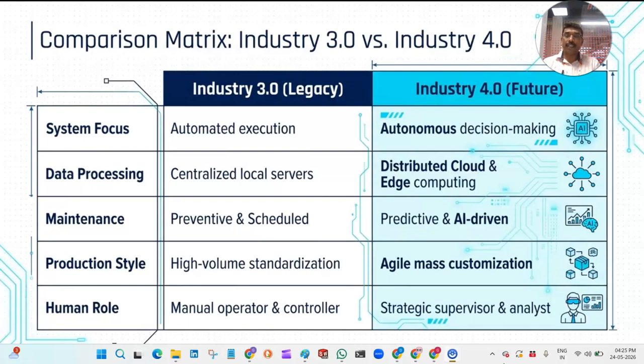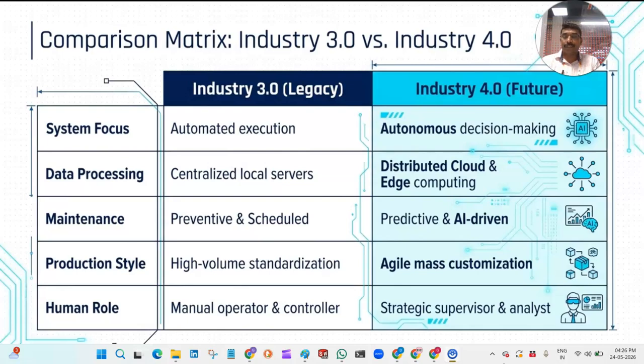And the human role in the previous industrial revolution systems was manual, that is, the human is the operator and the controller. He controls everything and gives direction to the manufacturing activities. Whereas for Industry 4.0, the human operator or worker plays the role of strategic supervisor and analyst.